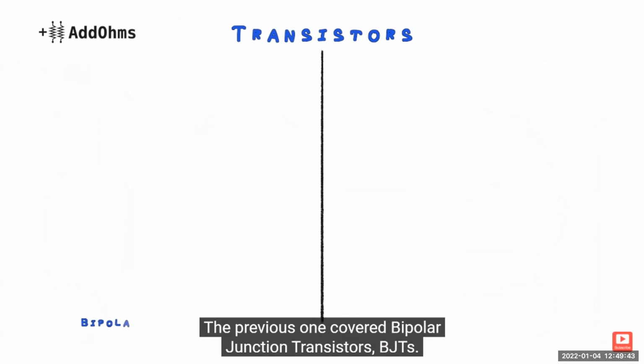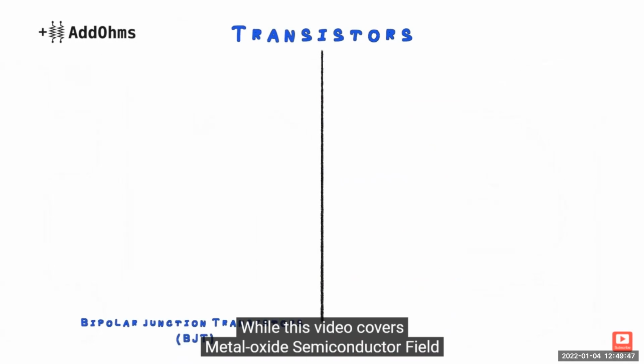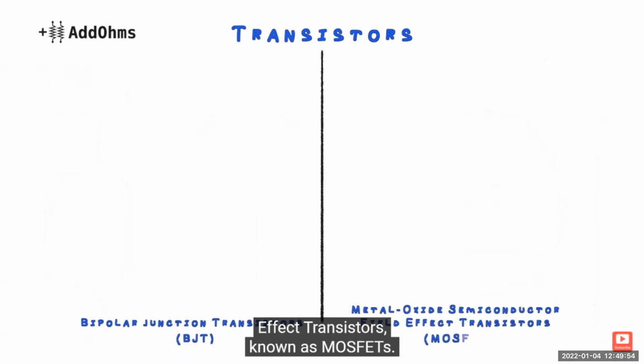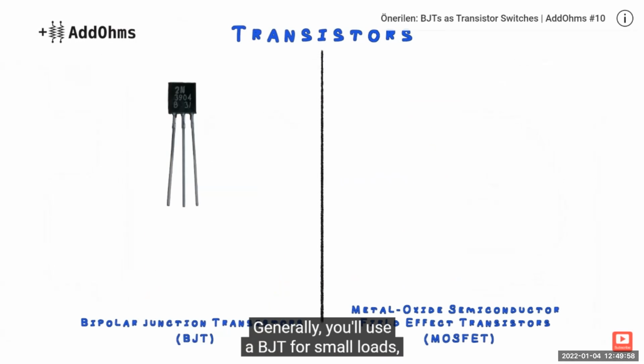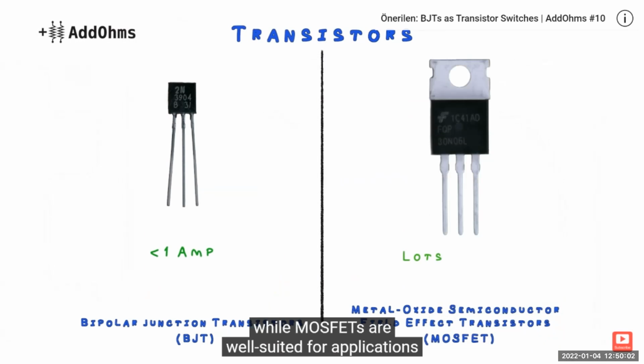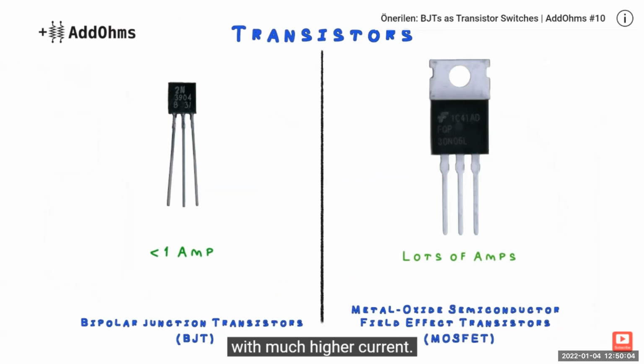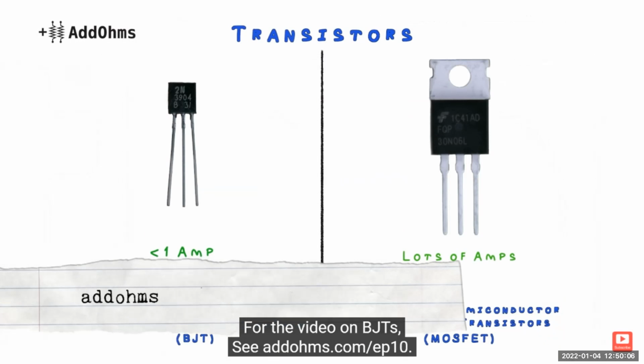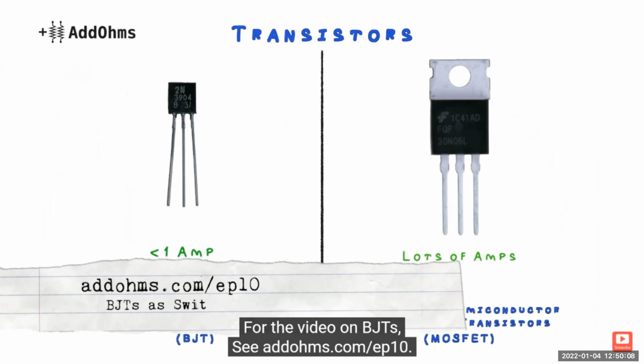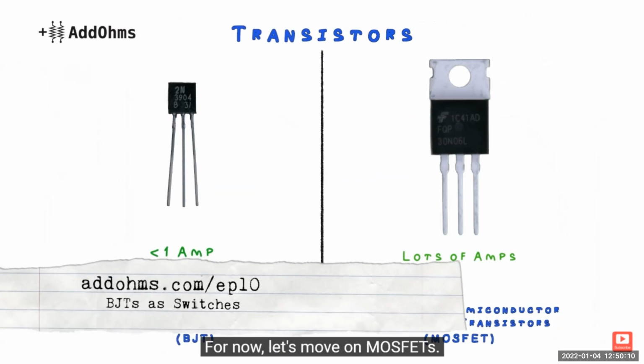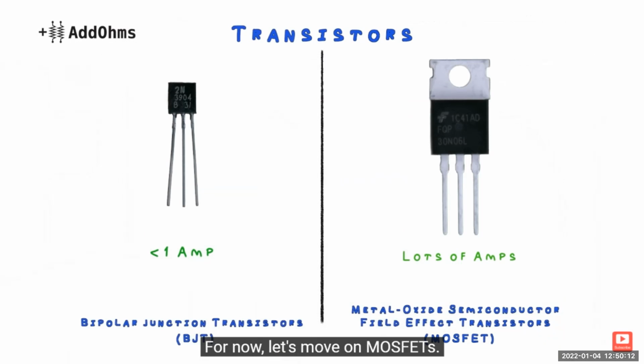The previous one covered bipolar junction transistors, BJTs, while this video covers metal oxide semiconductor field effect transistors, known as MOSFETs. Generally, you'll use a BJT for small loads, say less than 1 amp of current, while MOSFETs are well suited for applications with much higher current. For the video on BJTs, see atoms.com/EP10. For now, let's move on to MOSFETs.